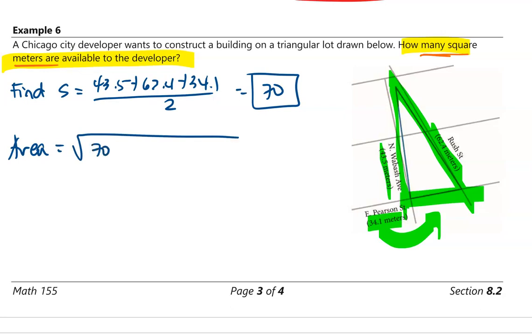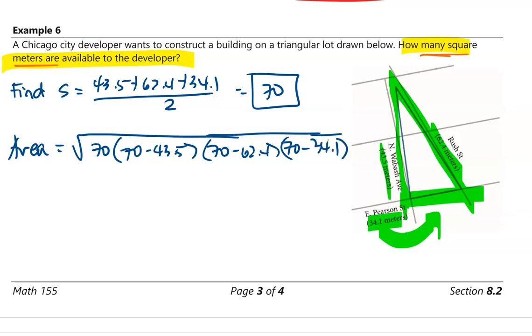So that is S times 70 minus 43.5 times 70 minus 62.4 times 70 minus 34.1. Simplify, use your calculator, and you'll find the area is equal to 711.42 square meters.